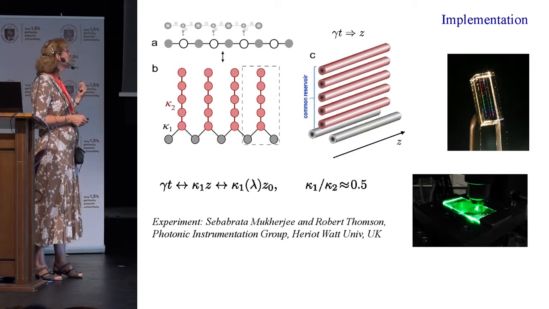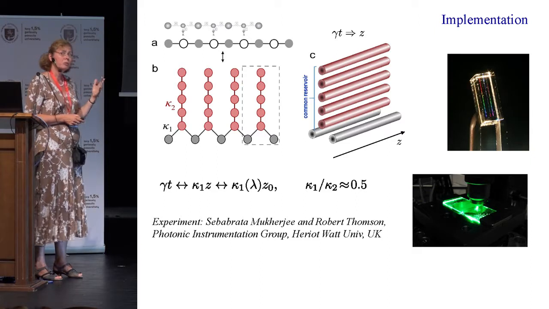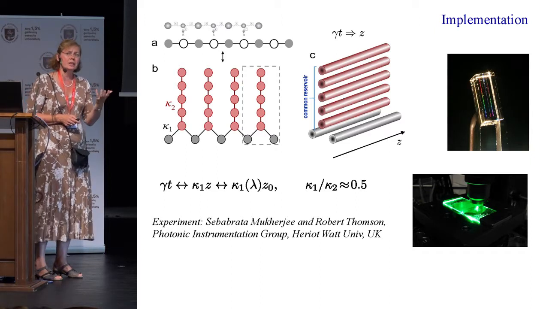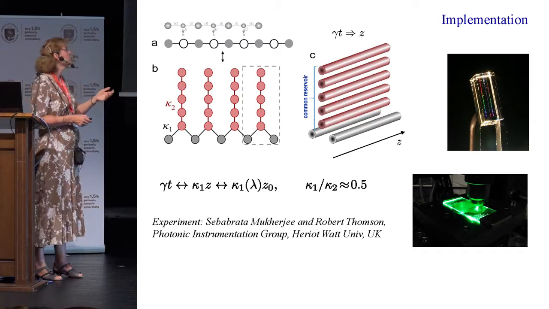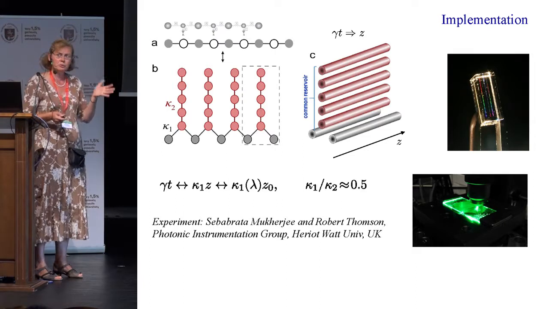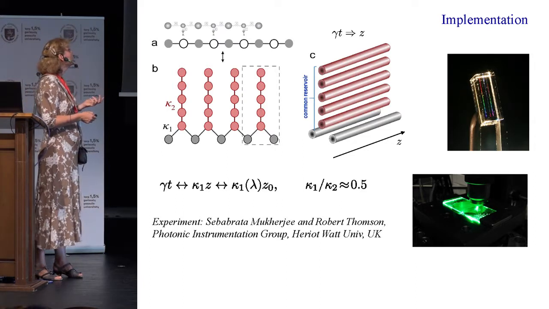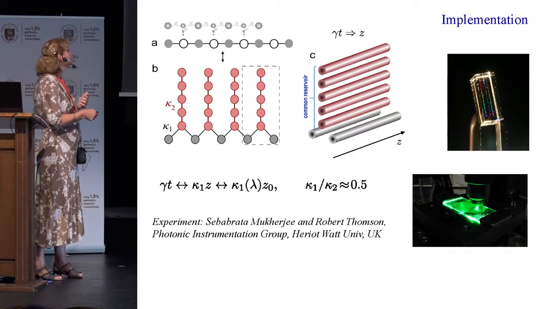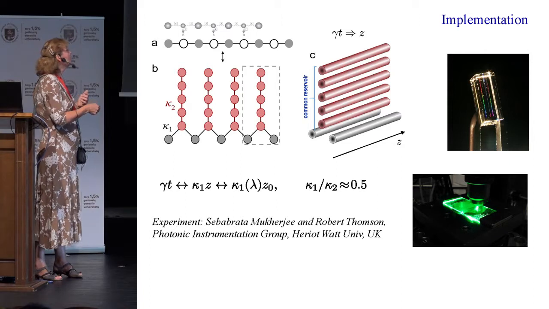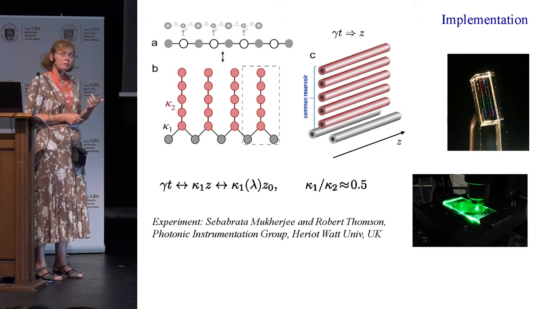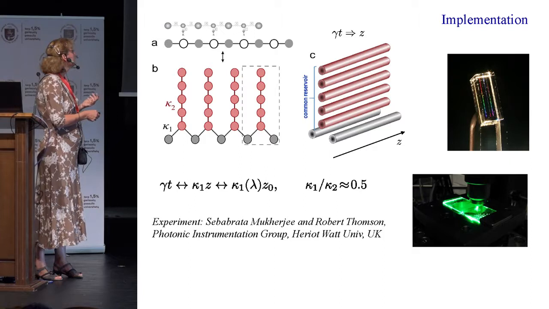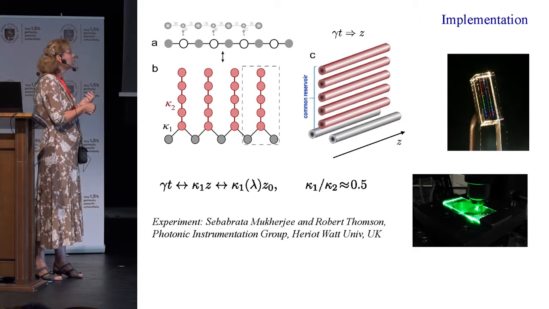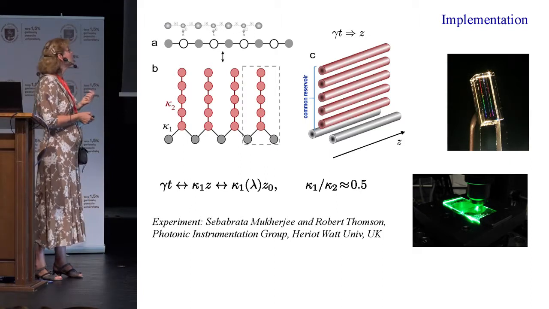Another thing is, when I want to study further dynamics, it's very inconvenient to produce lots of samples with different lengths. We do a little trick, because changing the length is basically equivalent to changing the wavelength of the light, since my coupling constant depends on the wavelength of the light.